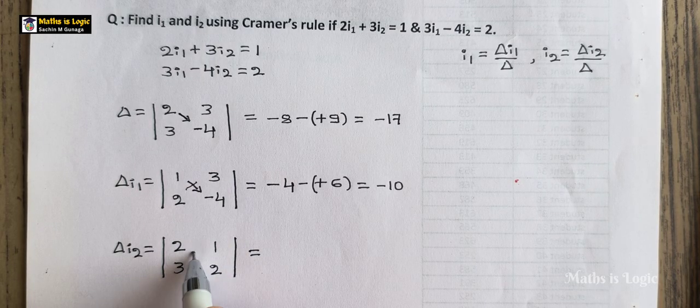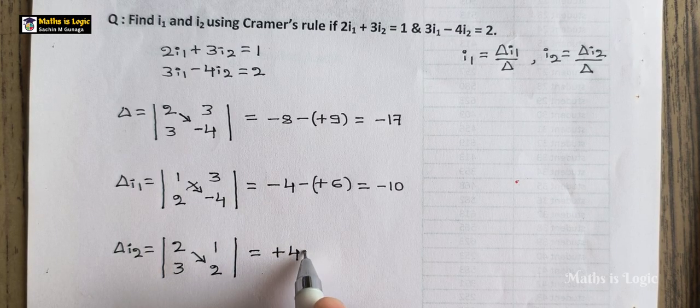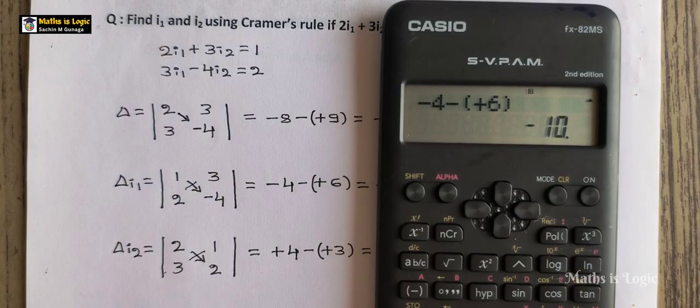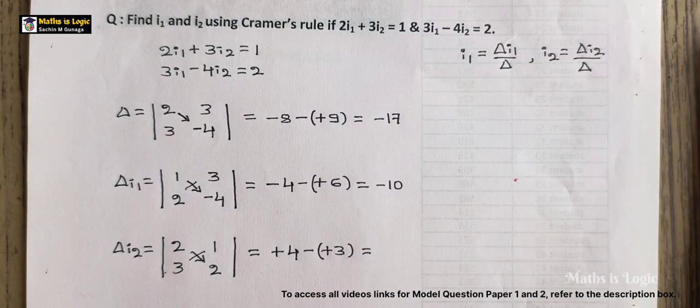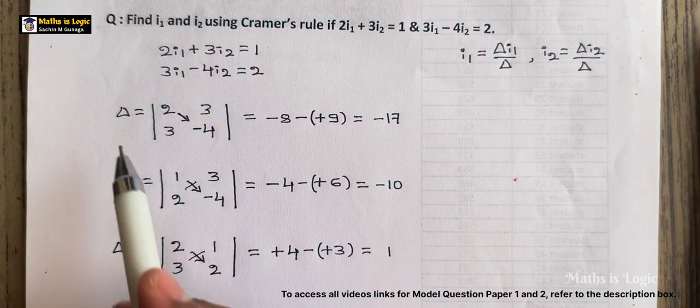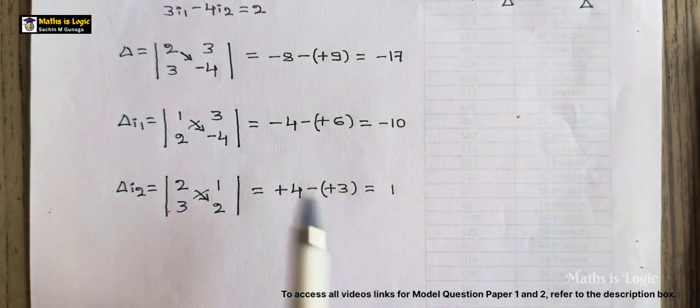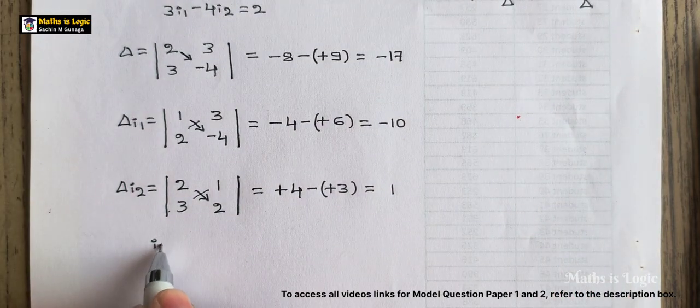Again do the cross multiplication, plus into plus is plus, 2 into 2 is 4, middle minus sign, plus into plus is plus, 3 into 1 is 3. So here you will get 1, otherwise use the calculator. Plus 4 minus of plus 3, 1. So write 1.